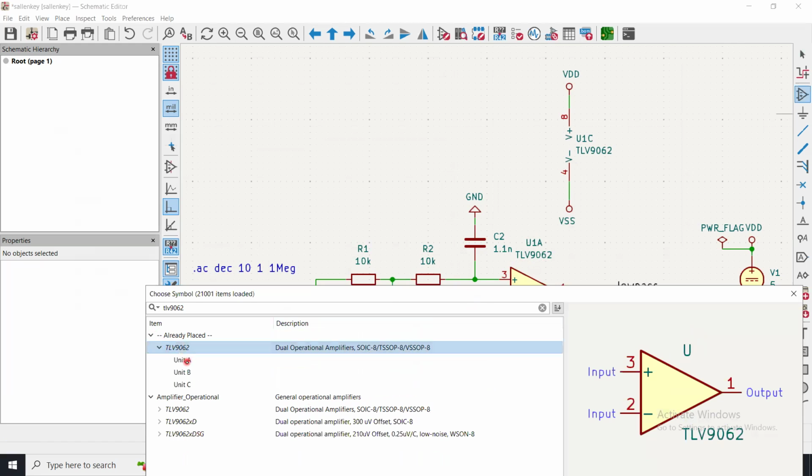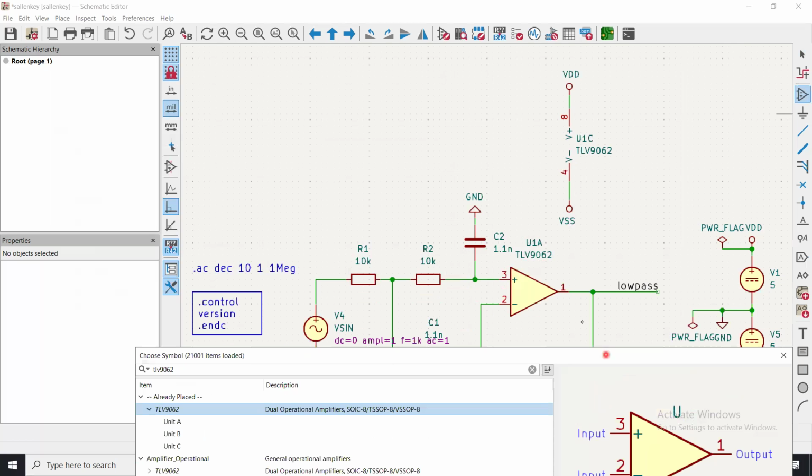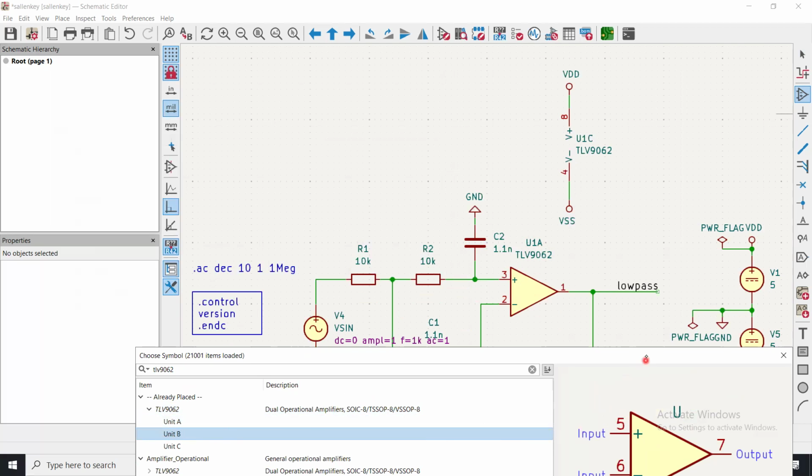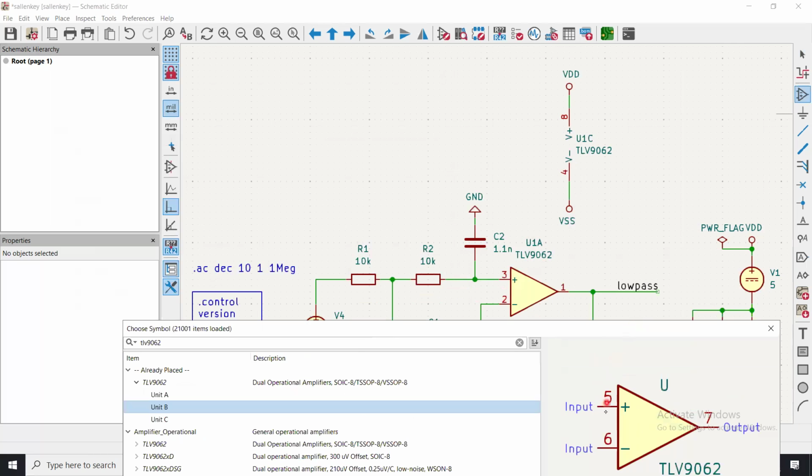If I click this arrow right here, it has 3 units. This is unit 1, which has pins 1 to 3. Pin 1 is the output, 3 is an input, and 2 is the other input. This is exactly what I have done here. It is called U1A. If I click unit B, it is the same, but the pins are now 5 and 6 for the inputs and 7 is the output.